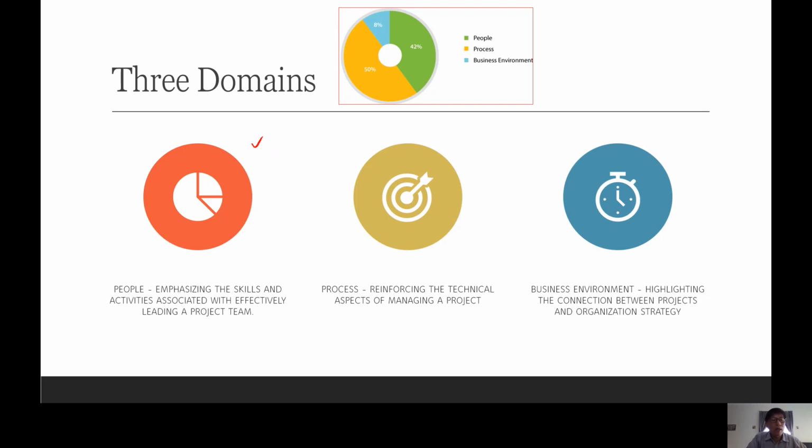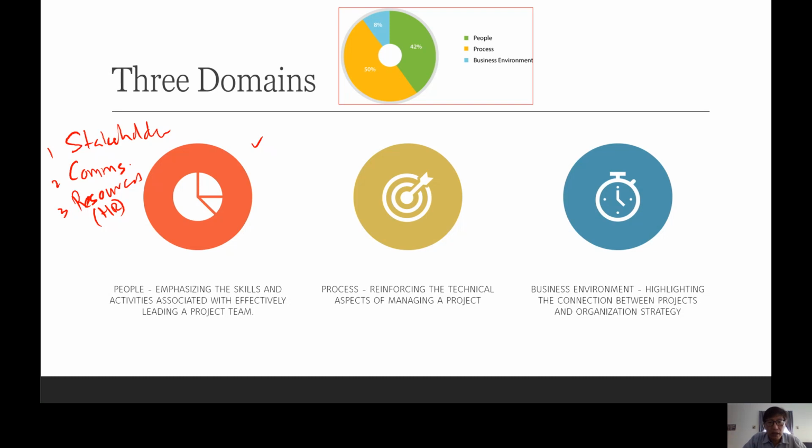So the management areas pertaining to this will be stakeholder management, communication management, as well as resource management, specifically the human resource part of it. So there's 1, 2, and then 3, dominantly being used for people.